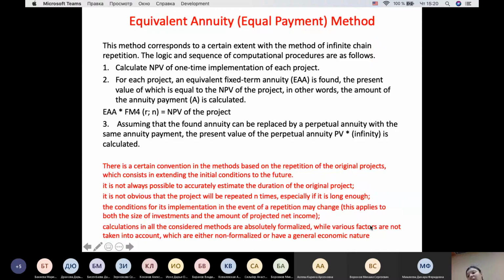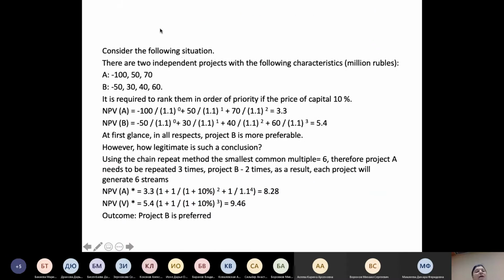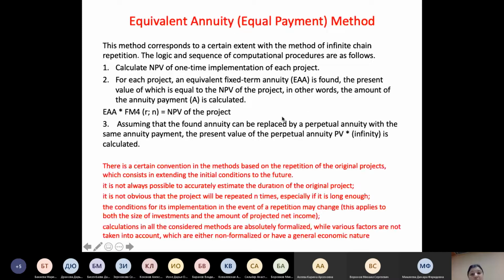How should we realize this method in practice? First of all, we have to calculate the net present value of one-time implementation of each project. We calculated this net present value earlier.